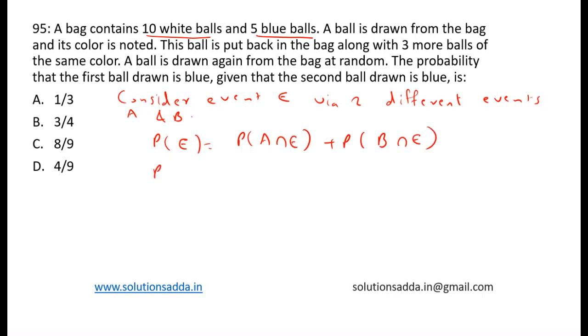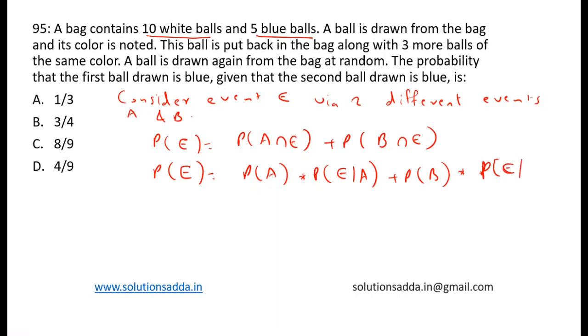This is calculated as P(E) = P(A) × P(E|A) + P(B) × P(E|B).